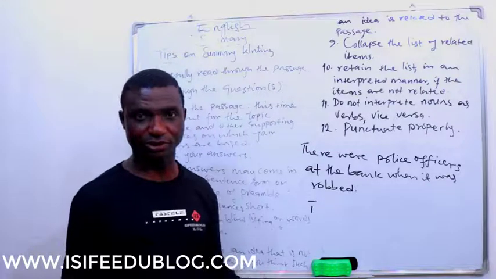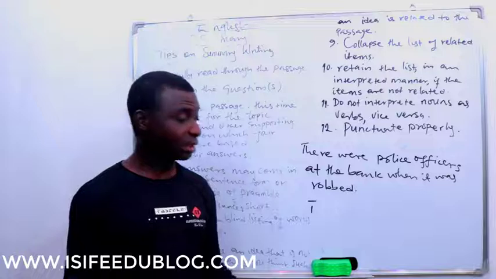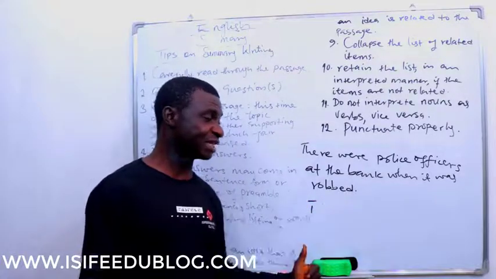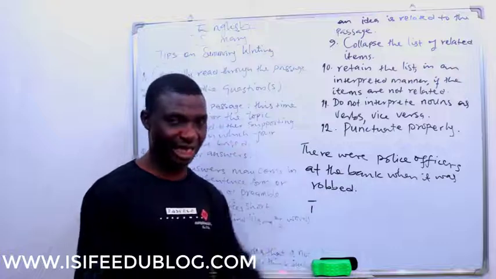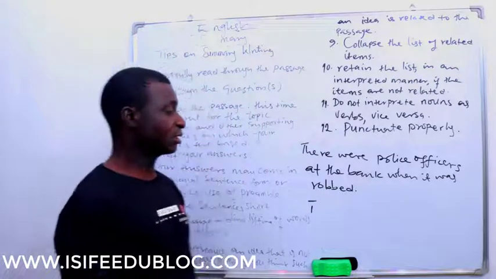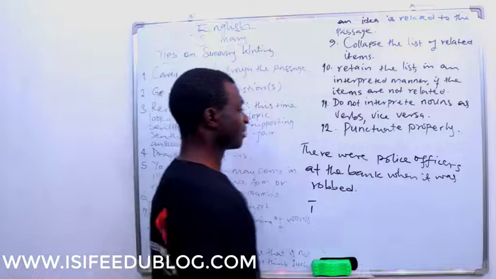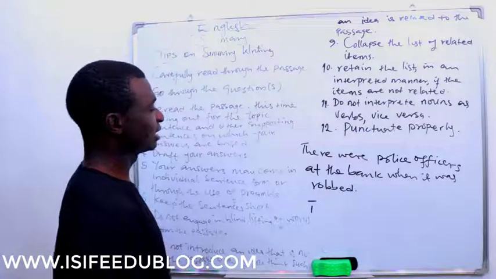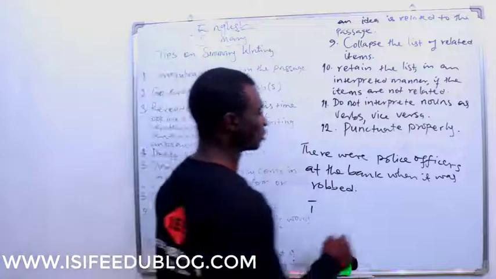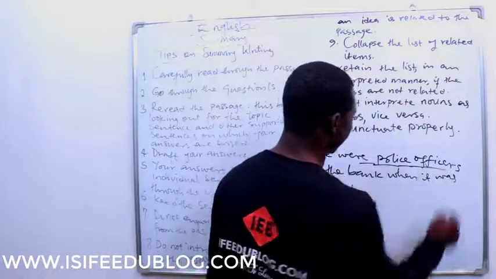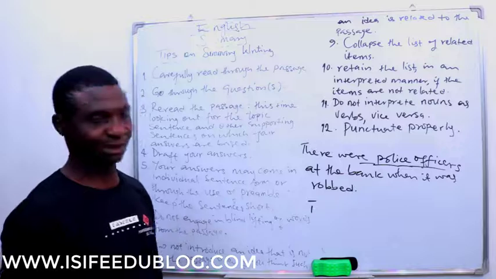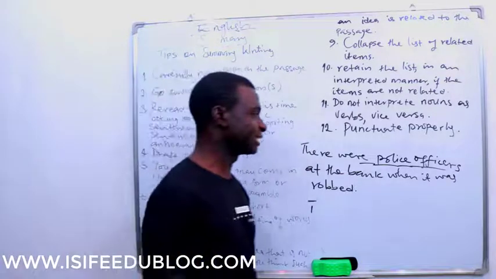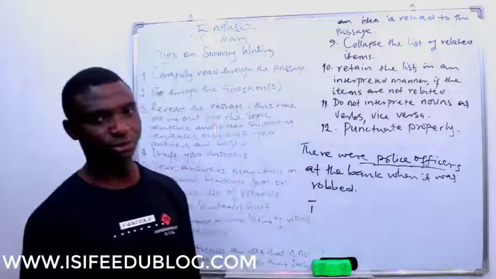They are two different things. The mere fact that there were police officers does not mean that the bank was being guarded. The sentence says, there were police officers. Presence. Not police officers were guarding the bank. No.